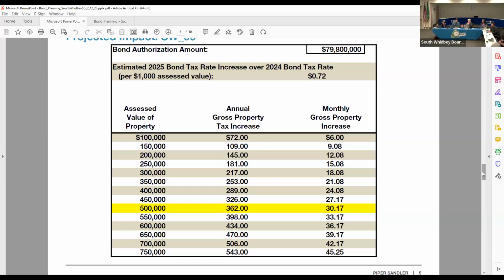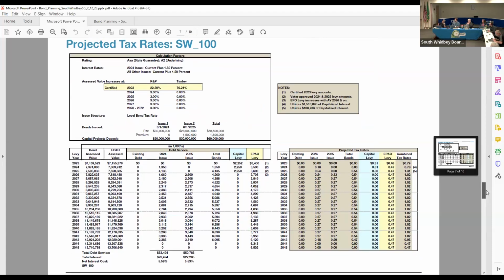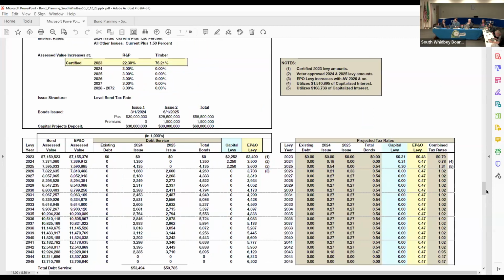What is the interest rate of this bond? Let me look. At the very bottom, slightly off the screen.